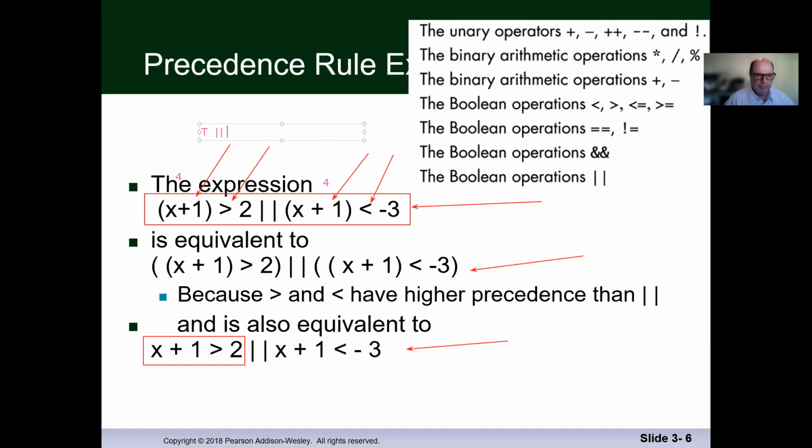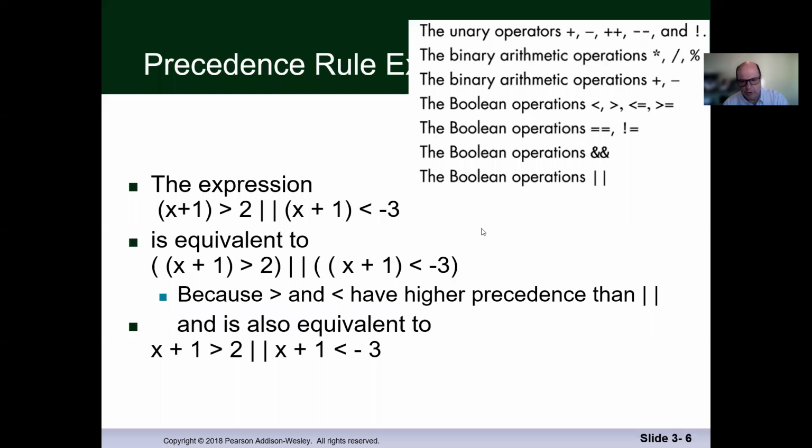No, that's going to become false. And remember, for OR, as long as one of them is true, the whole thing becomes true. So by mixing in some parentheses, I don't have to think about this when I come back to this program, or when somebody else is looking at this. So that's the way we're going to be thinking about the order of precedence.